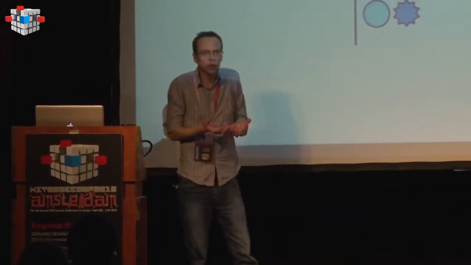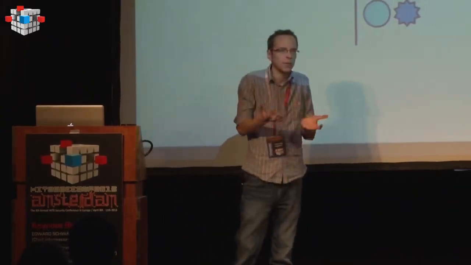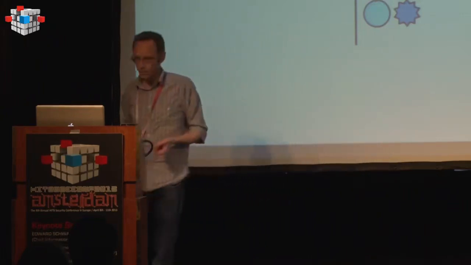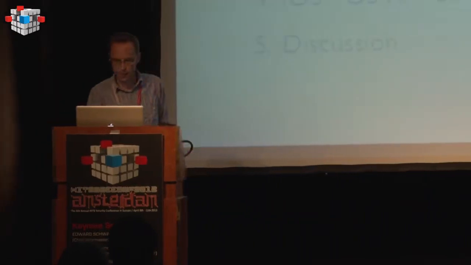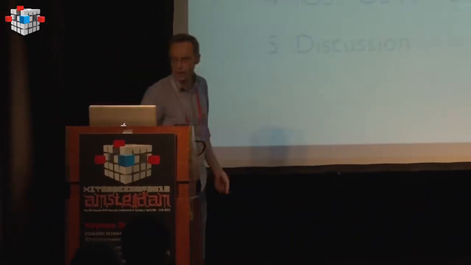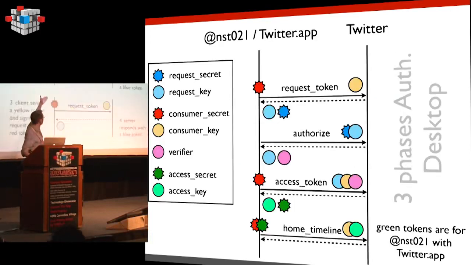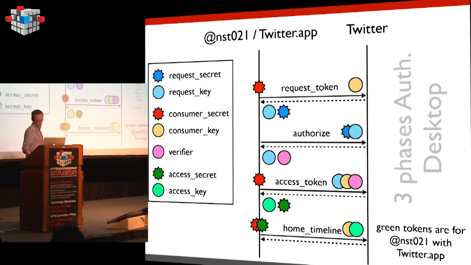They have to be in the binary in the first place so that I can start all the OAuth process. It means that if I have these red and yellow tokens, I can impersonate the client who holds these tokens. And I can do all these kinds of authentications by spoofing its identity.